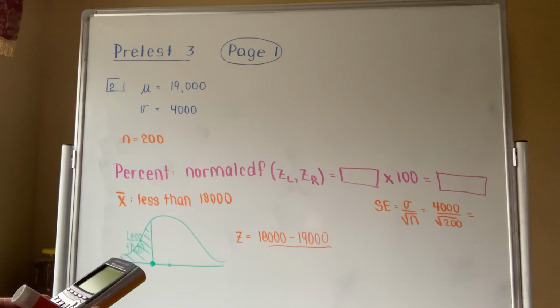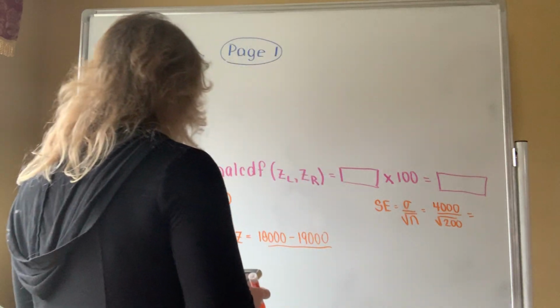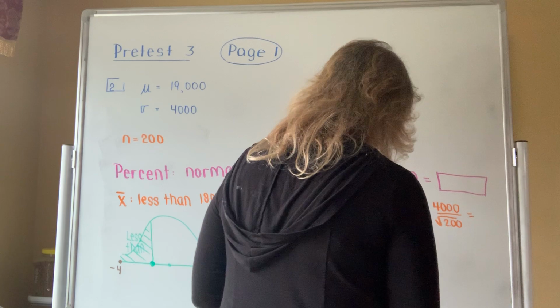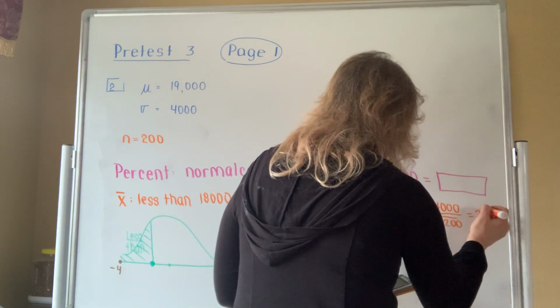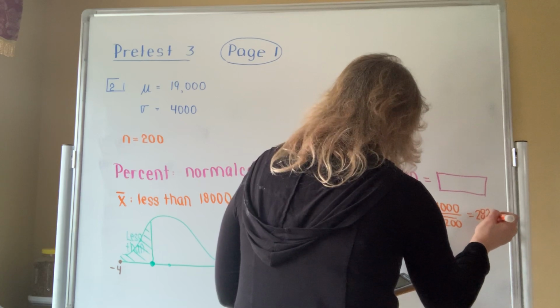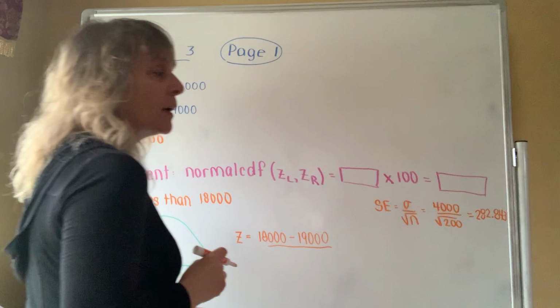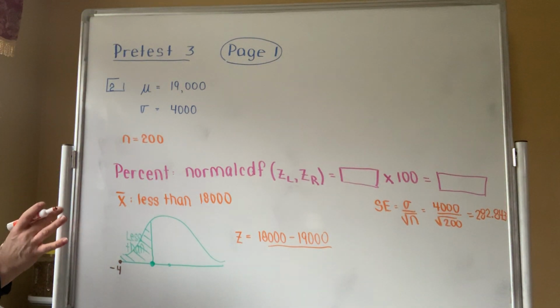Now I'm going to round my answer over here, and that is going to give me 282.843. All right, hopefully you can see that. That is the standard error, the sampling error.